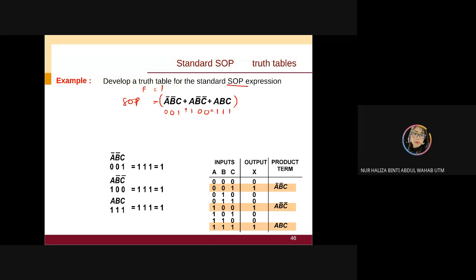For this, we get 1, we get 1. 0, 1, 1, 1. The rest will be 0. So the rest will be your POS, because it is a 0.